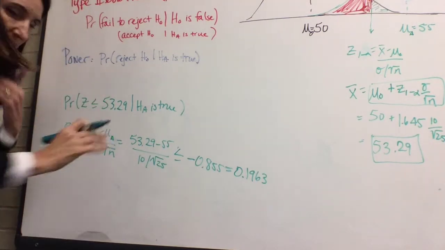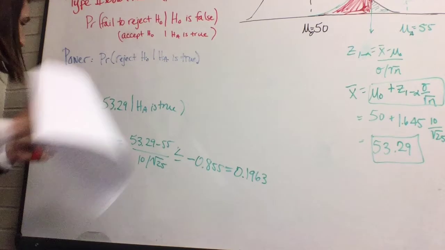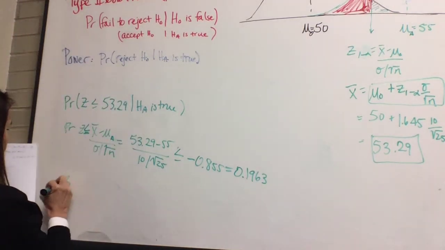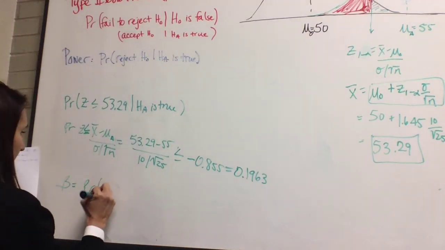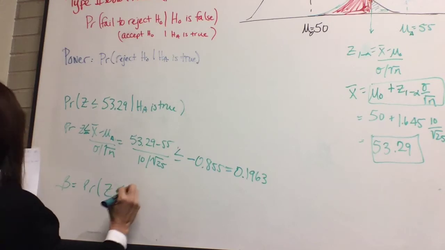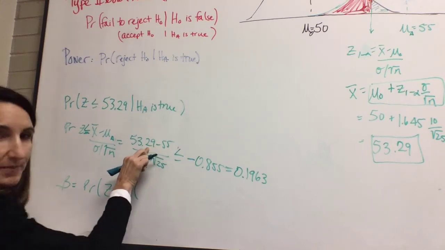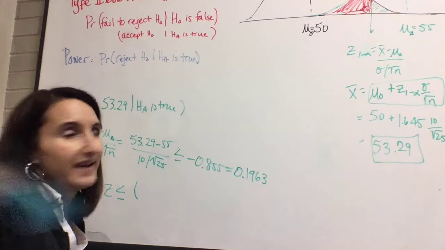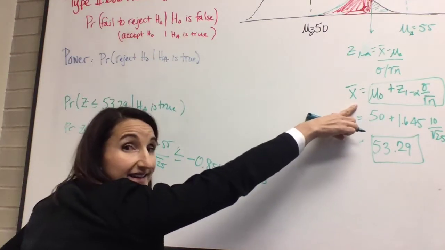So what's beta? Beta is equal to the probability that Z is less than or equal to this 53.29, this value right there.